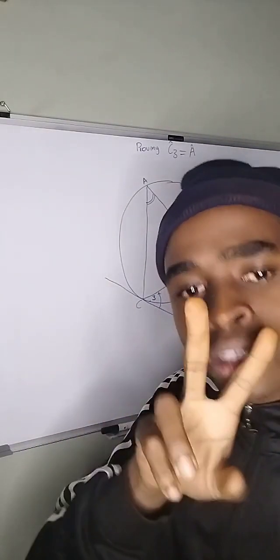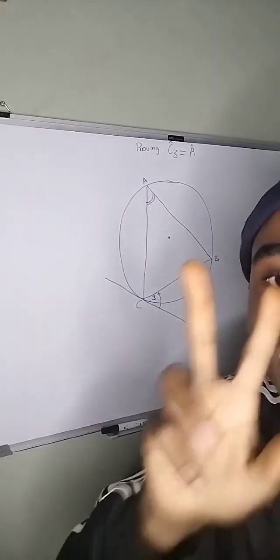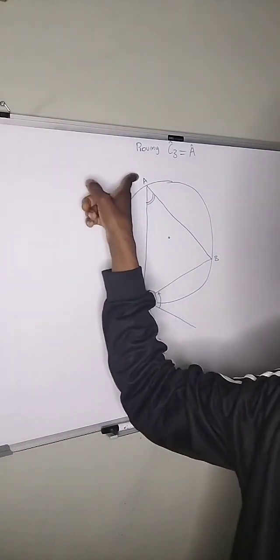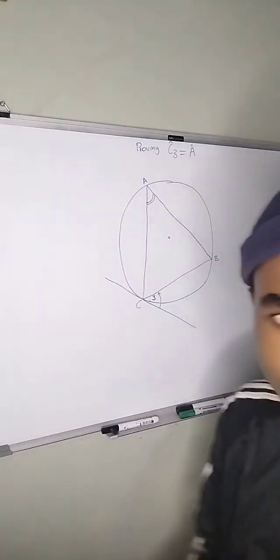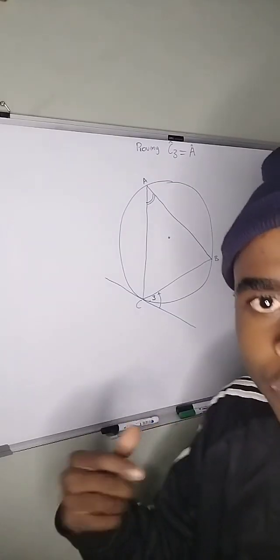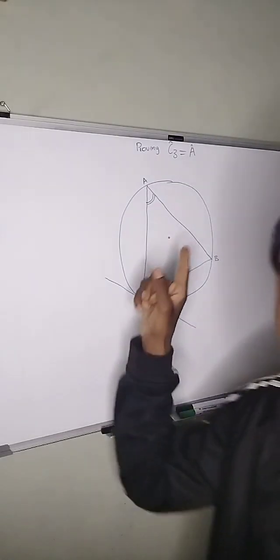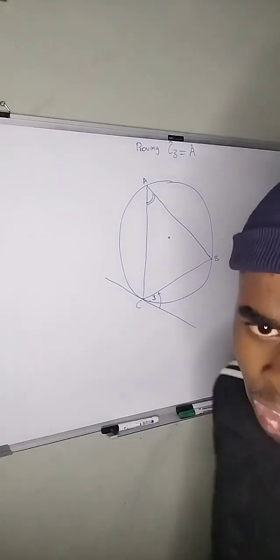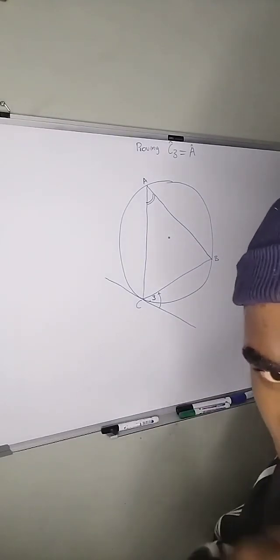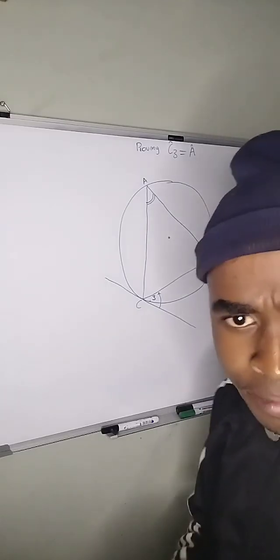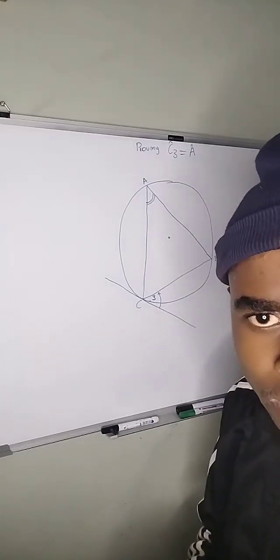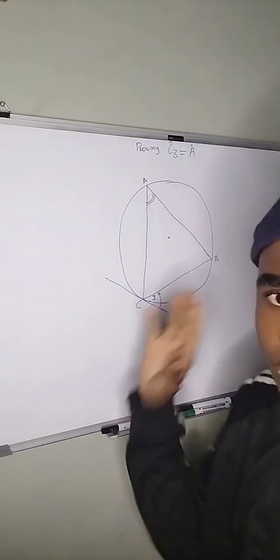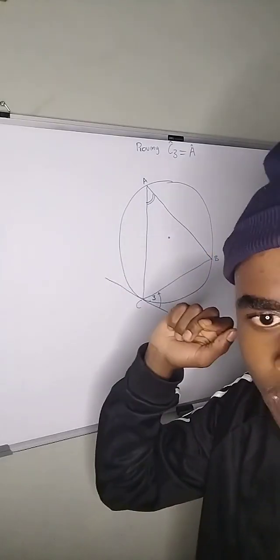So I need two theorems which will assist us to prove that C3 is going to be equals to A. Which theorems are we going to use in order for us to prove that C3 is equals to A?